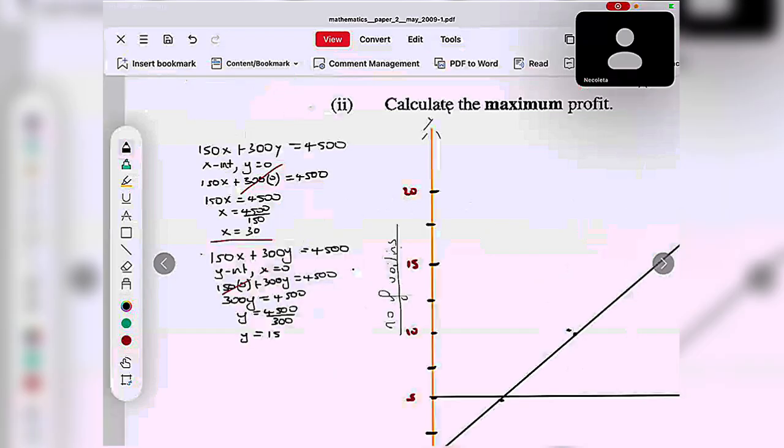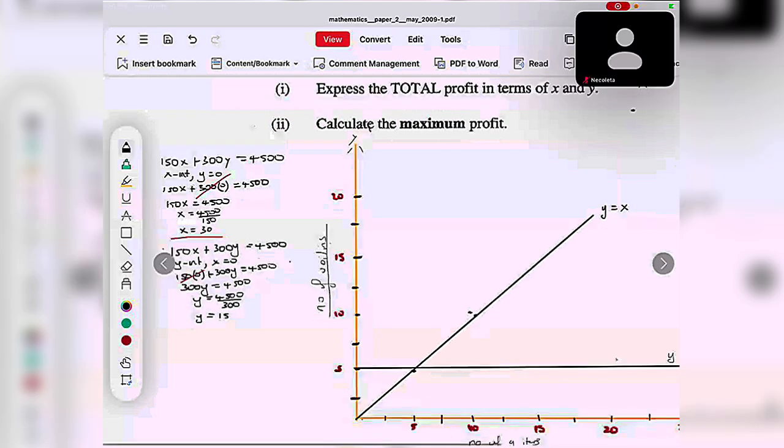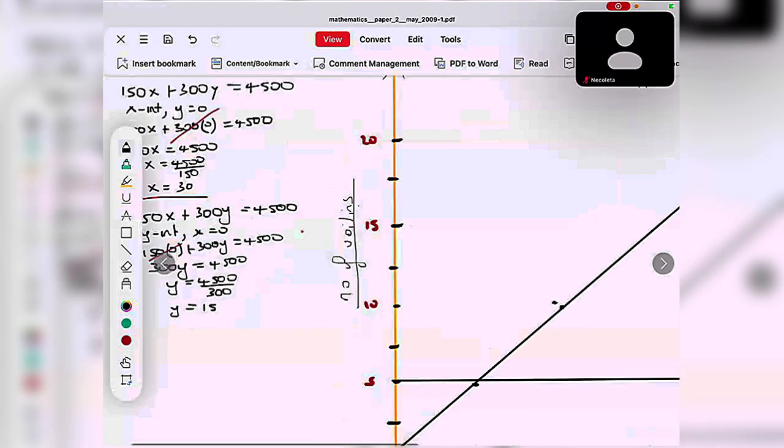And believe me, there's a shortcut, but because I'm teaching and there's another person that might be watching, I don't want to cut corners. There's a shorter way where you could figure out in less than a minute that it's 15 and 30, but I would rather go the long route so you understand what you're doing. So that's 15 right here.